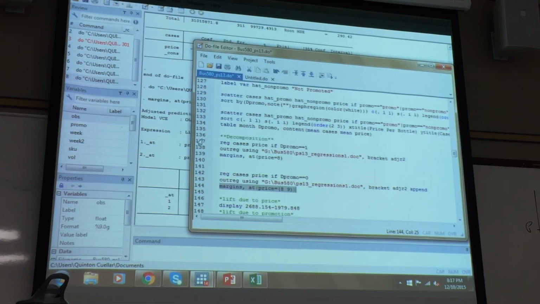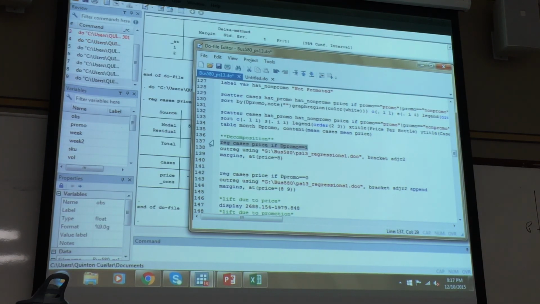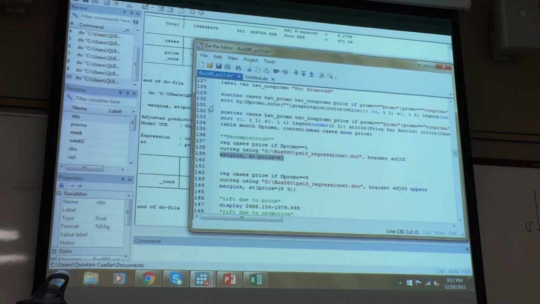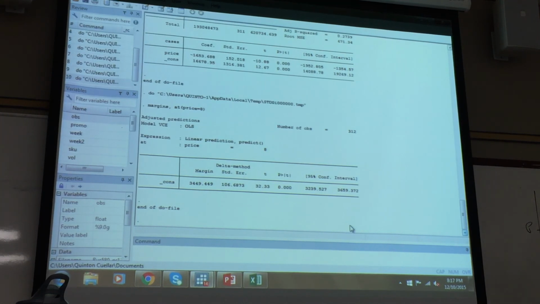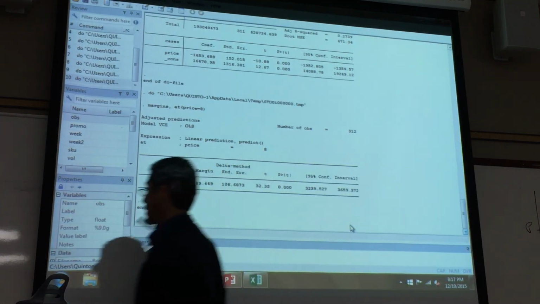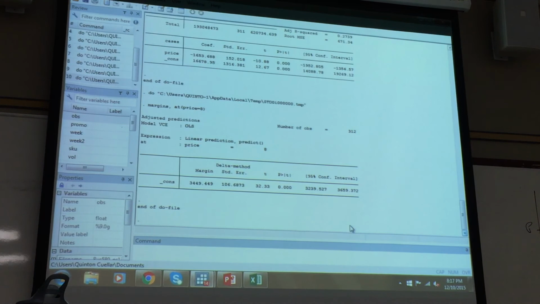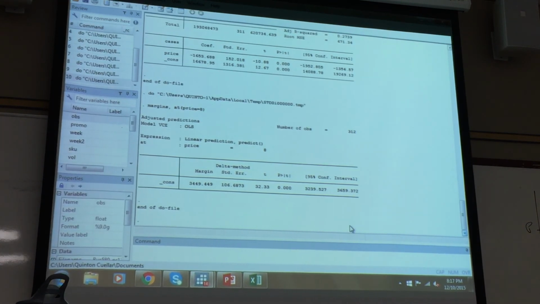So, promoted demand, it's got the D equals 1. Margins evaluates the promoted demand at the lower promoted price, that's our $34.99, $34.49, excuse me. And just subtract.